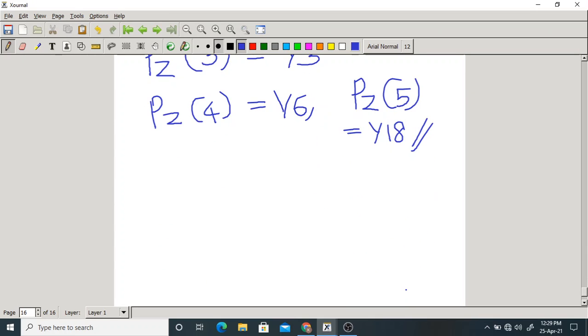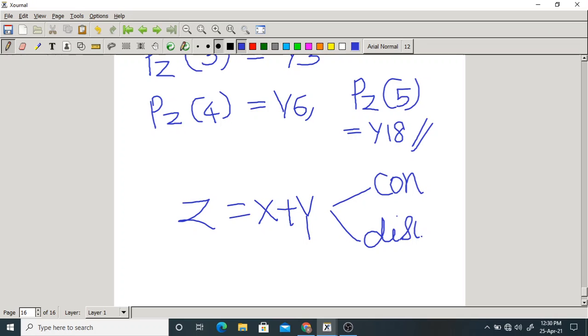So here we have done Z equal to X plus Y for continuous as well as for discrete. What is common?